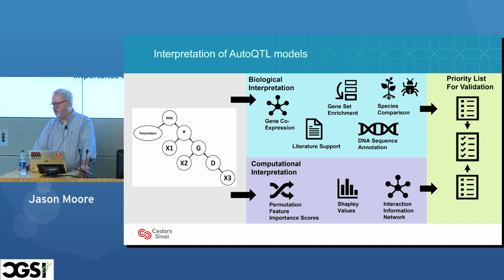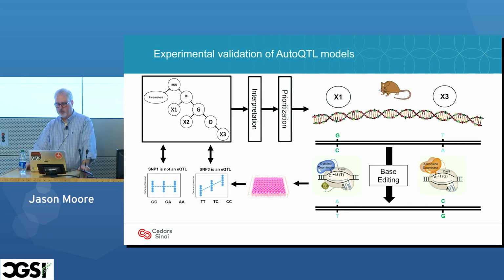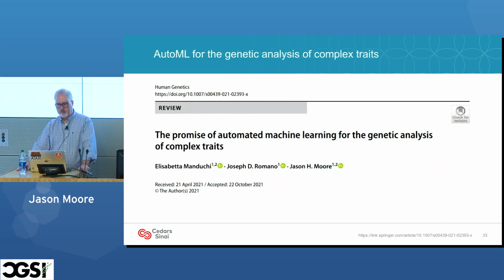On the computational side, we can look at the feature importance scores. I showed Shapley values earlier, which are built into the method. Then you could build a prioritized list of SNPs that you might experimentally validate using something like base editing, where you change the genotypes in a way that allows you to test the non-additive interaction that the machine learning is finding.